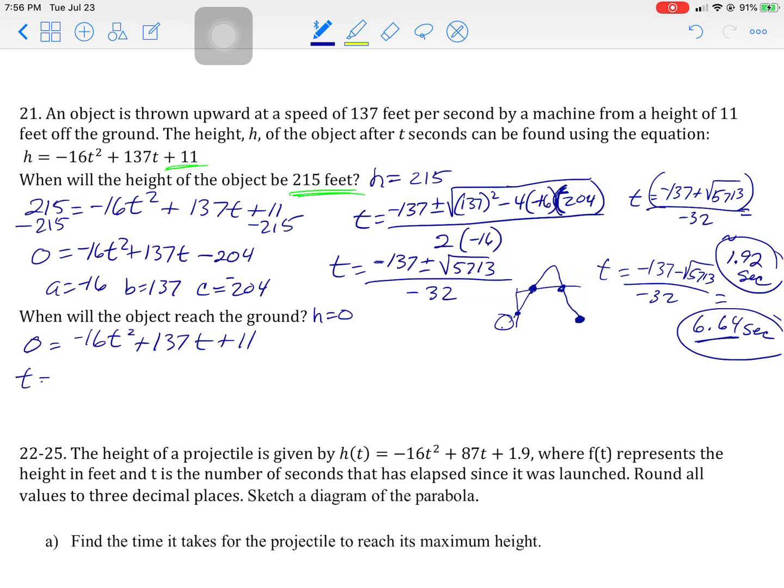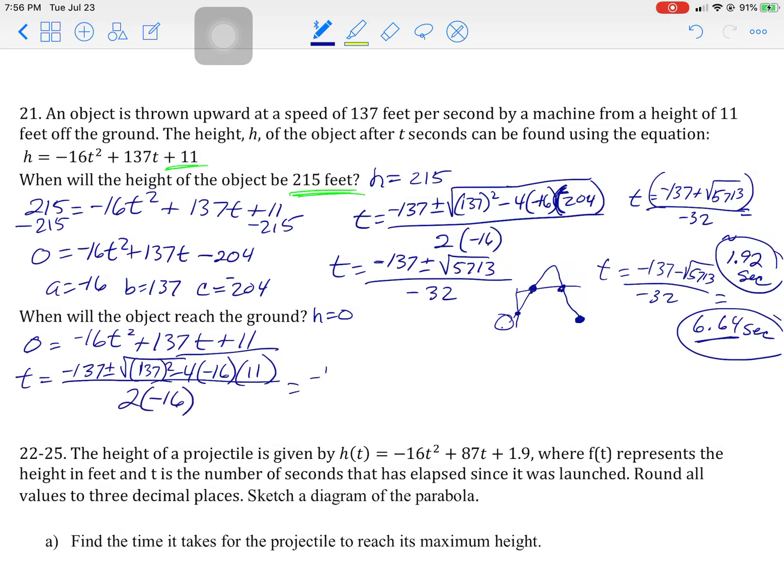So let's try the quadratic formula. So this is going to be negative 137 plus or minus the square root of 137 squared minus 4 times negative 16 times 11 over 2 times negative 16.